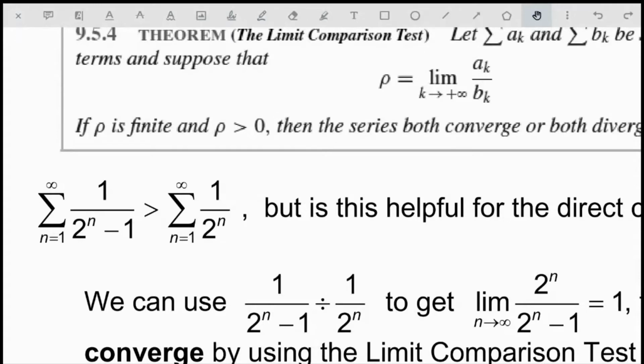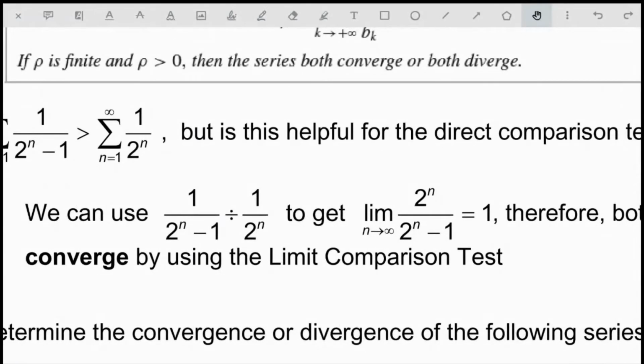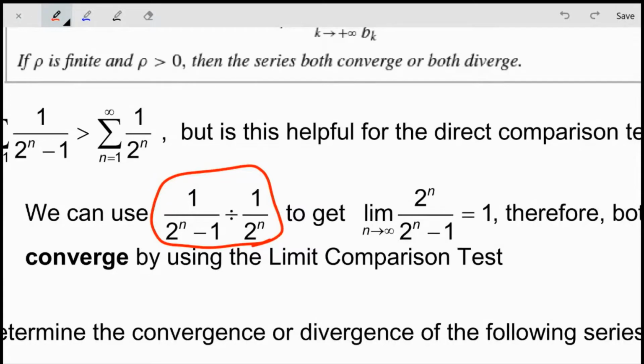But we can actually use these two as a comparison if we do a limit comparison. So what's been done down here is they got a ratio of the rules for the two series, which simplifies down into 2 to the n over 2 to the n minus 1. And now when you take the limit as n approaches infinity of the ratio of those two rules, you get 1.